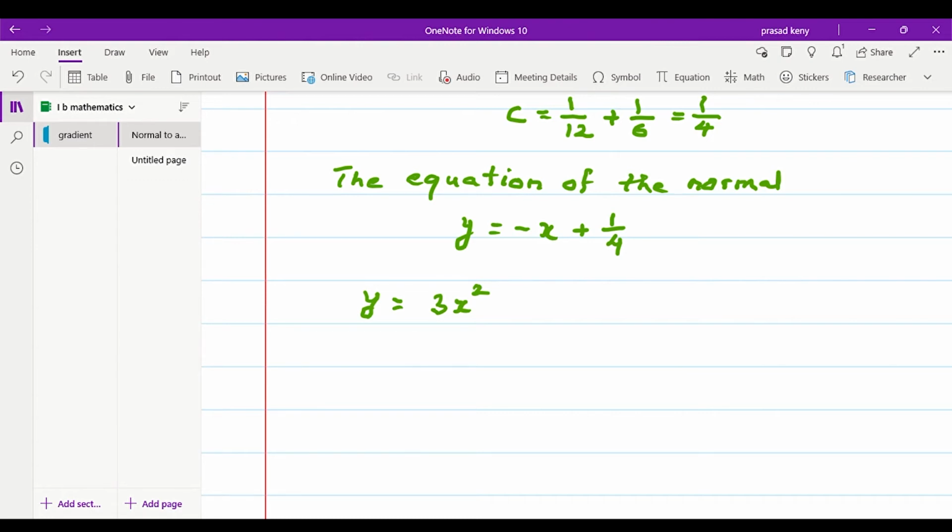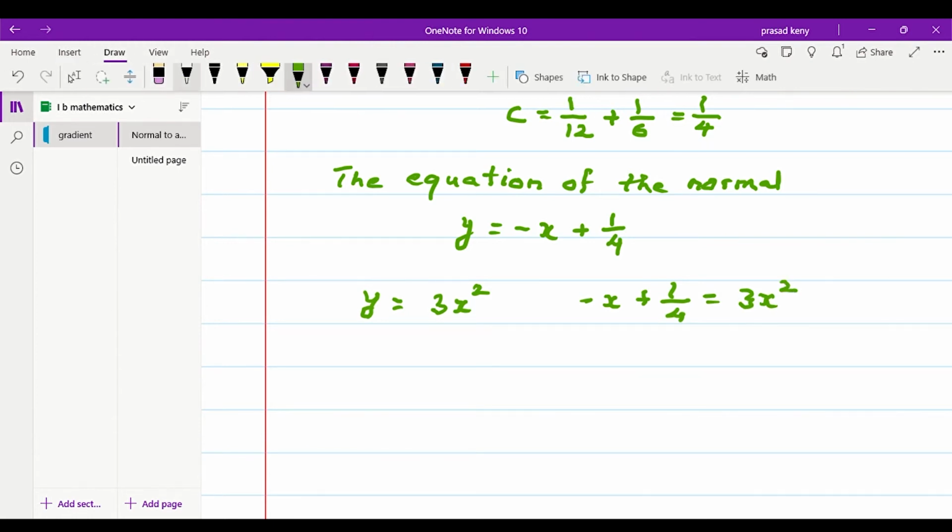That gives me minus x plus 1 upon 4 is equal to 3x square. I wish this step is clear to you. What I have done, I just put y is equal to minus x plus 1 upon 4 in the equation of the curve.